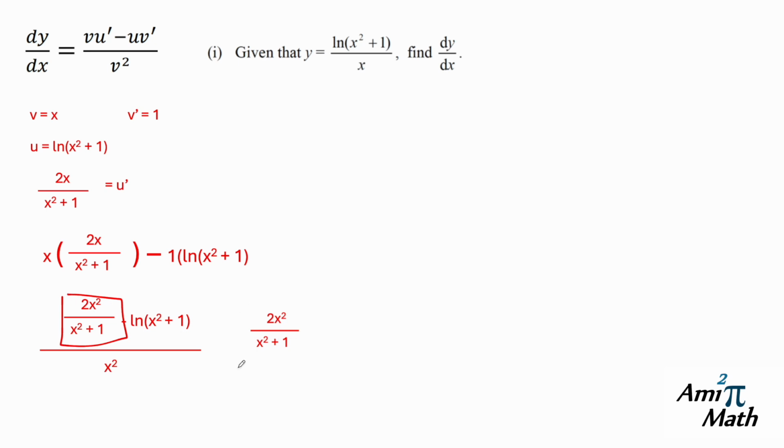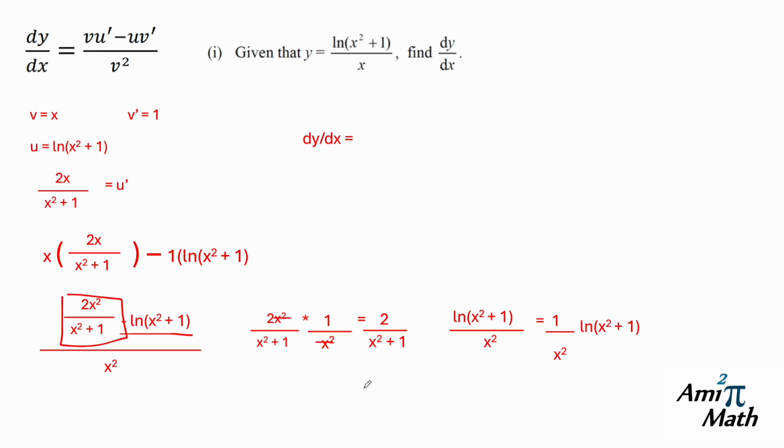To divide this by x squared, we just need to multiply it by 1 over x squared. And as you'll see, these terms will cancel out, so you're left with 2 over x squared plus 1. And then for this part, we need to do ln(x squared plus 1) divided by x squared, and we can just rewrite this as 1 over x squared multiplied by ln(x squared plus 1).